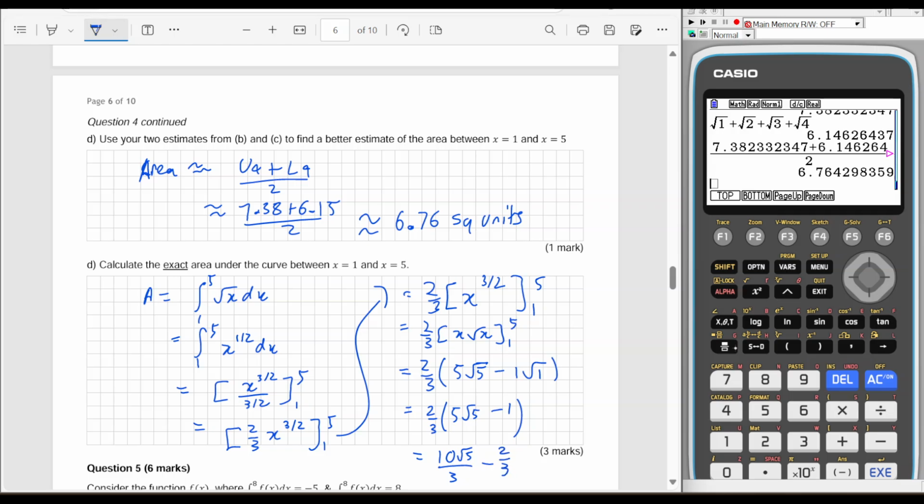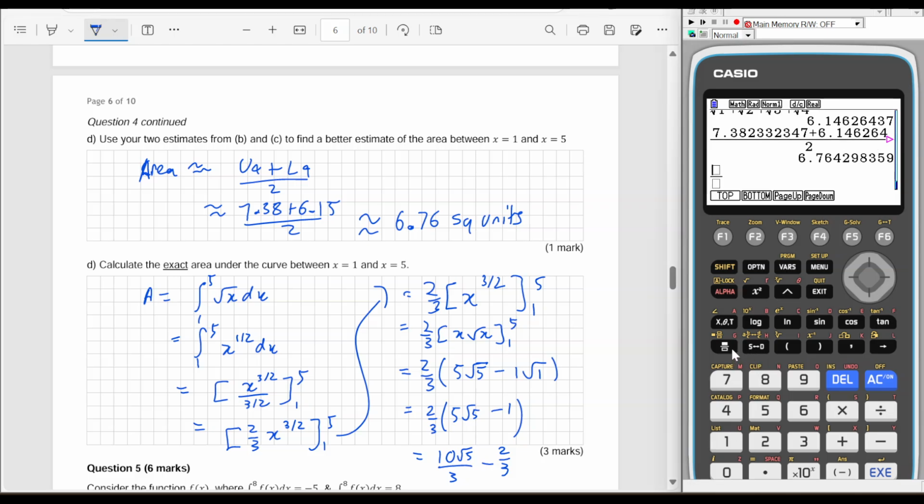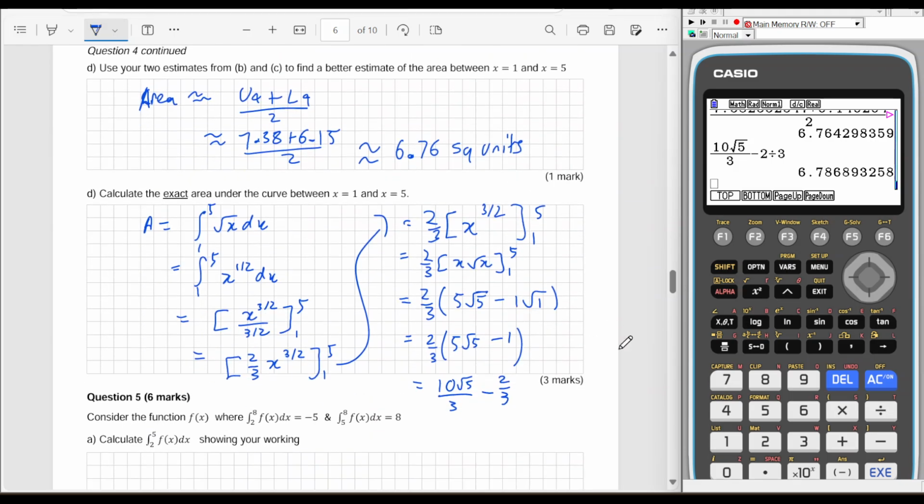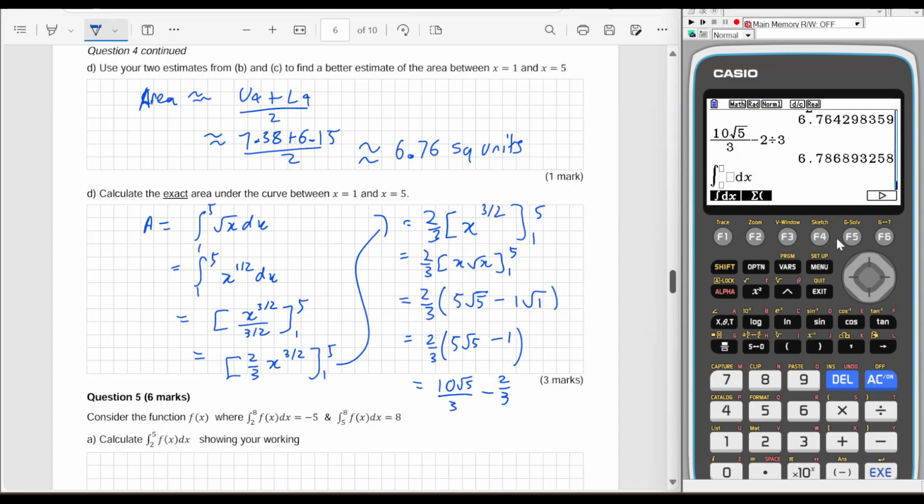Now, how do we know we've done this right? Well, you can do that. 10 root 5 over 3, take 2 over 3. And you get that, 6.786, which is actually very close to our best estimate. Very, very close. So that's already a good sign. But if you want to be really sure you get it right, integral.